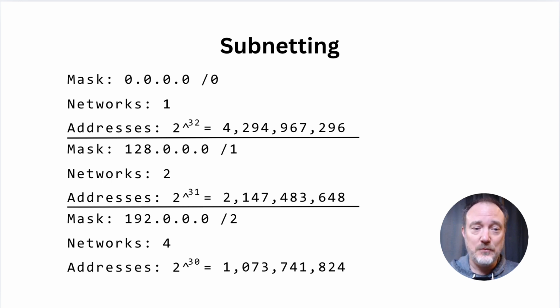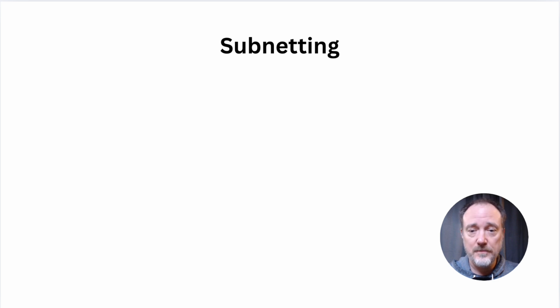So we can see as we add more network bits, we get more networks, but fewer unique addresses per network. We also have to keep in mind that with each network, the number of usable addresses is reduced by 2 because one address is reserved as the network ID and another address is reserved for the broadcast address.